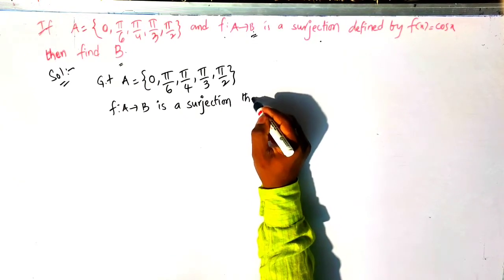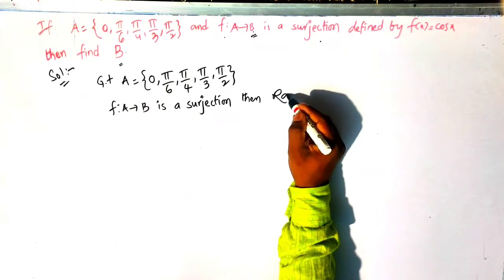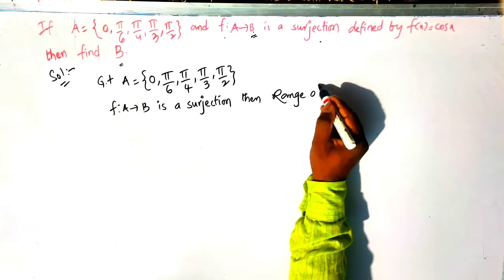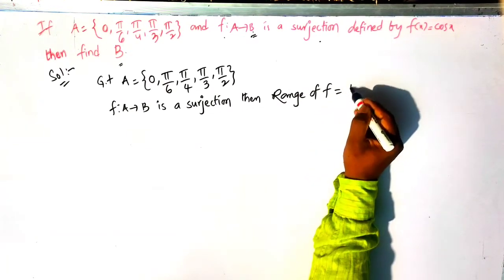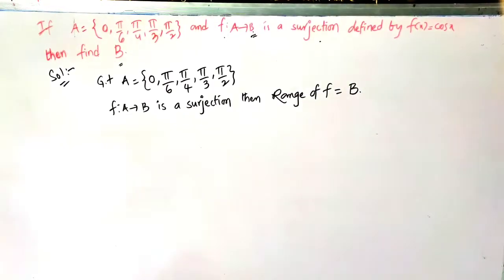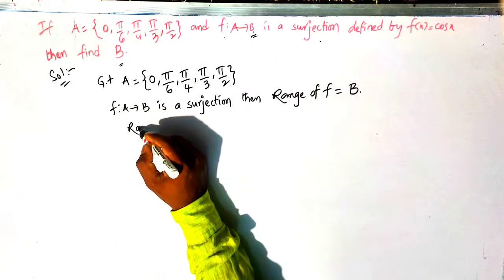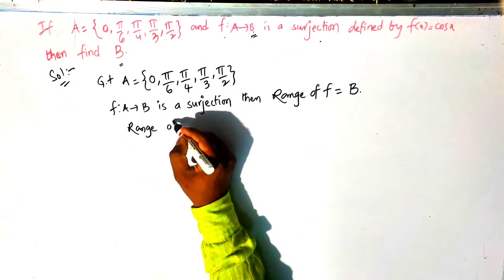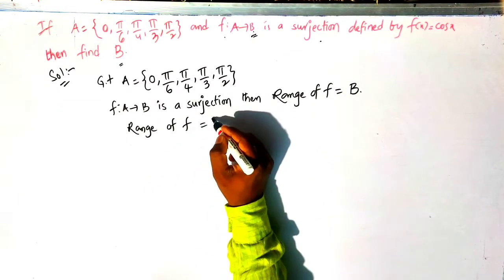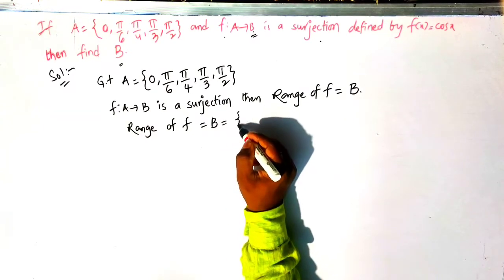Then what do we get? The range of f is equal to the codomain B. Clear? Range of f is nothing but all f images. So range of f equals B, which equals all f images.